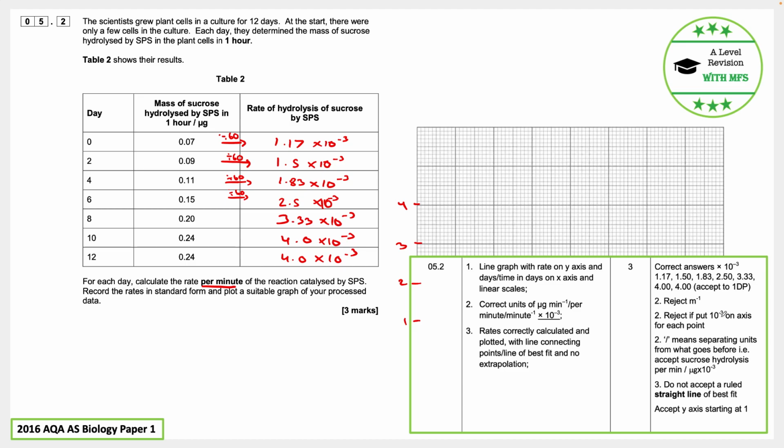And it does say reject if 10 to the power of negative 3 is on the axis for each point. You should just label your axis with that, just like it's done at point 2 here. And the rates should be correctly plotted with the line connecting the points. Don't extrapolate, or you will lose the mark for that.